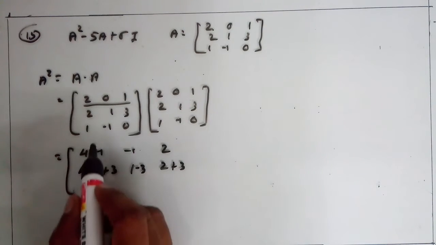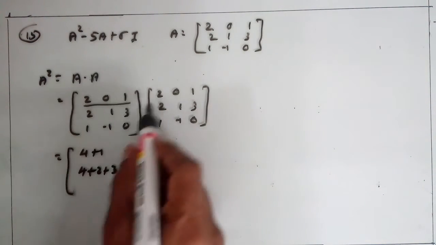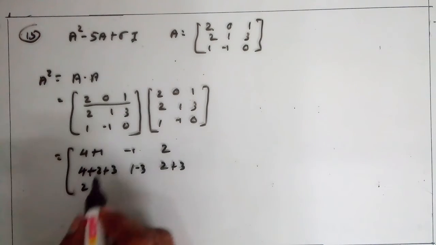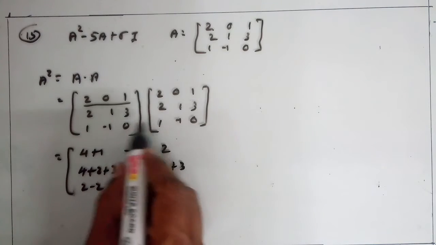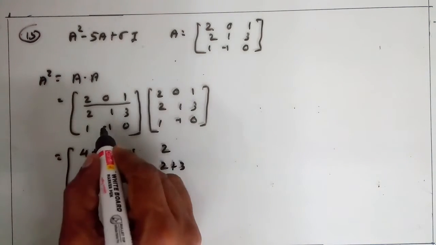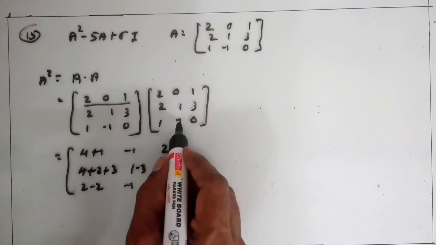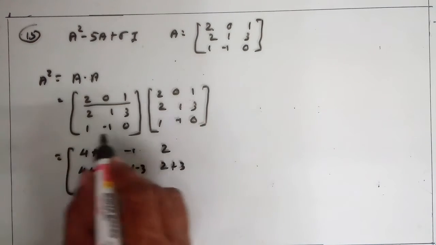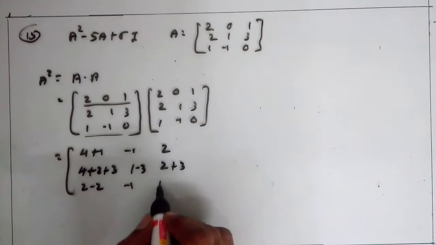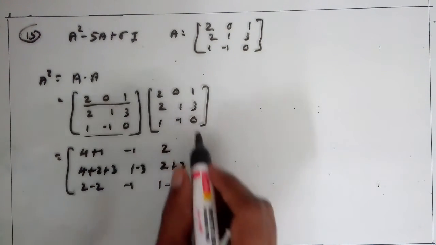Now third row, first column: 1 into 2 is 2, minus 1 into 2 is minus 2, and the last 0 into 1. Similarly, 1 into 0 is 0, minus 1 into 1 is minus 1, and 0 into minus 1 becomes 0, and here 1 into 1 is 1, minus 1 into 3 is minus 3, 0 into 0 is 0.